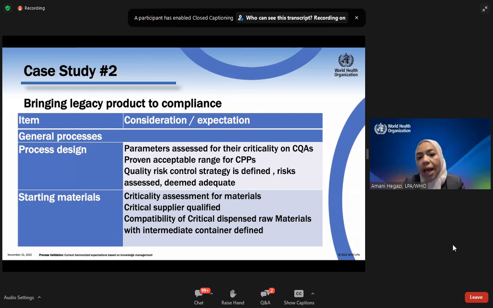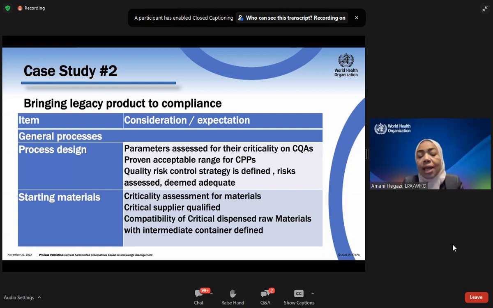So how do we bring this legacy product, which is actually performing appropriately, into compliance with the new approach of process variation, by implementing a gap assessment versus the requirements for stage 1 and stage 2.